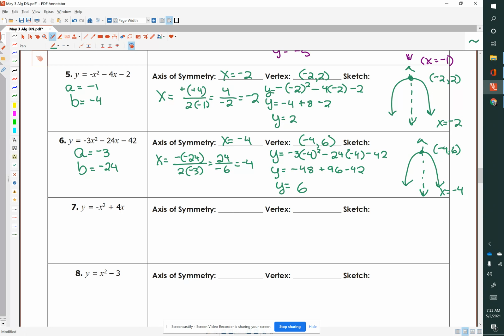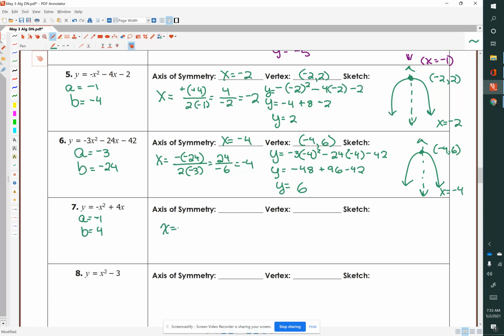So let's move on to number 7. y equals -x squared plus 4x. There is no constant at the end. As you get further in algebra, we'll understand what that does to the graph on the Cartesian plane. But meanwhile, our a value is -1, and our b value is +4.